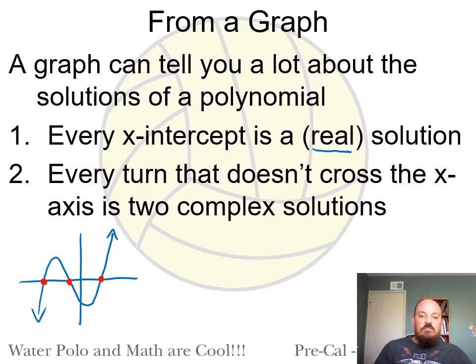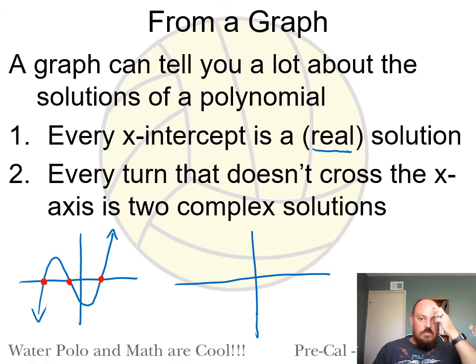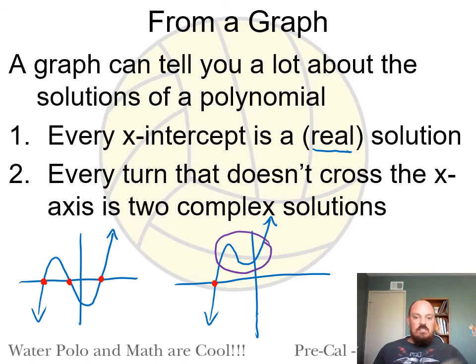Now, if that graph did this, let's say it was very, very similar. It starts here, it goes up, down, but it never hits the axis and turns up again. So what you get is only the one real solution. Well, this shape of the graph right here, this part where it twists, where it goes down and back up, like where, if you look at the first graph, it really should have gone back and given you 2 more intercepts, but because it never hits the x-axis, that represents 2 complex solutions.